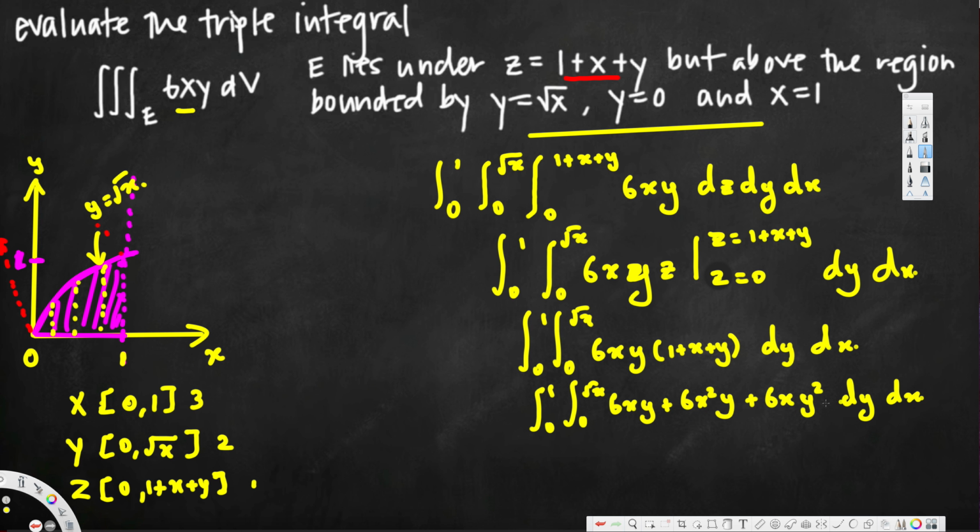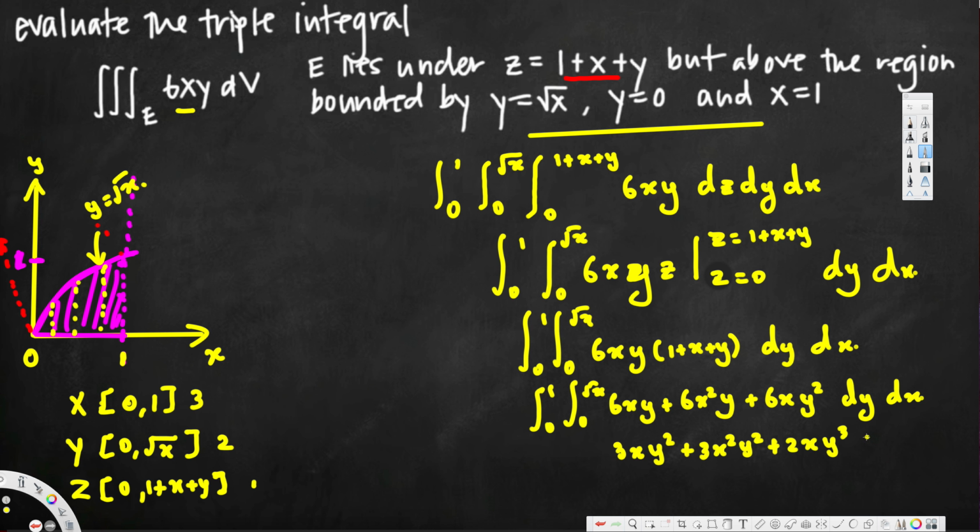Now we are going to integrate this one with respect to y, and when we do the integration with respect to y, this is going to become 6y square divided by 2, 6xy square divided by 2, so that's going to turn into 3xy square, and this is going to turn into 6x square y square divided by 2, that's going to become 3x square y square, and then here we are going to have 6x y cube divided by 3, so that's going to turn this one into 2x y cube.